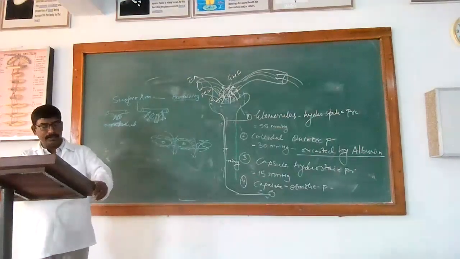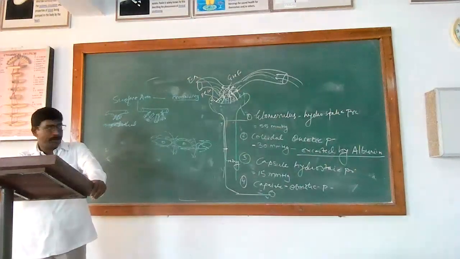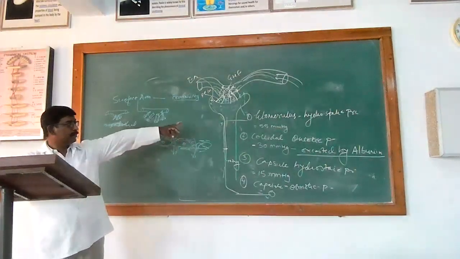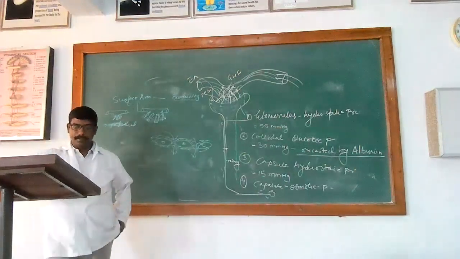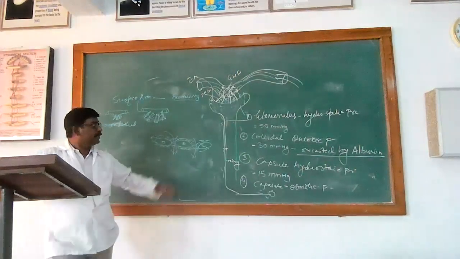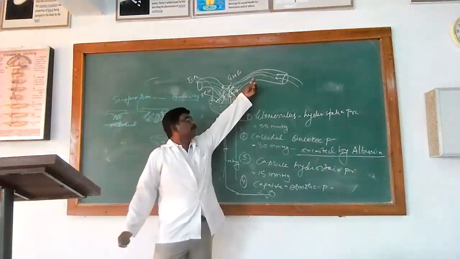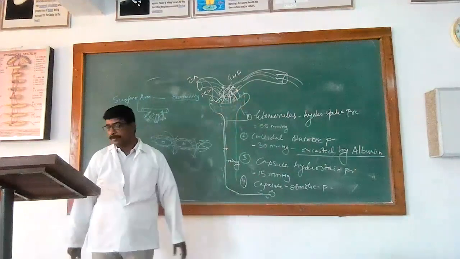So the factors which increase the glomerular hydrostatic pressure: just now we have discussed the glomerular hydrostatic pressure. When the blood pressure is increased, the glomerular hydrostatic pressure is also increased. When there is a decrease in blood pressure, there is a decrease in glomerular hydrostatic pressure.